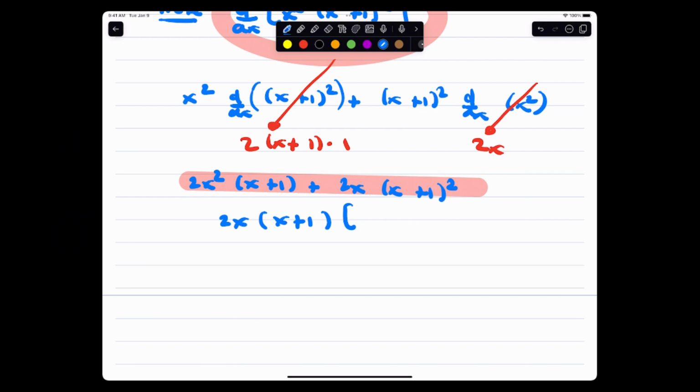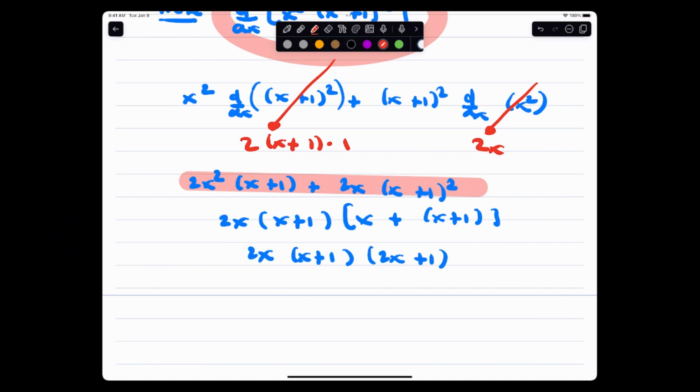Okay. Then this is going to be x now plus what? And just plus an x plus 1. So this would be 2x, (x plus 1) times (2x plus 1).